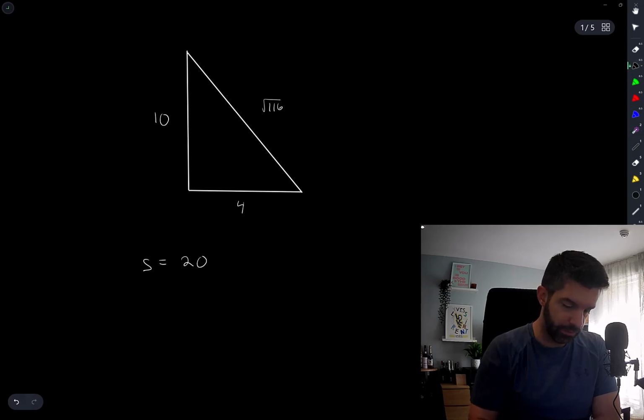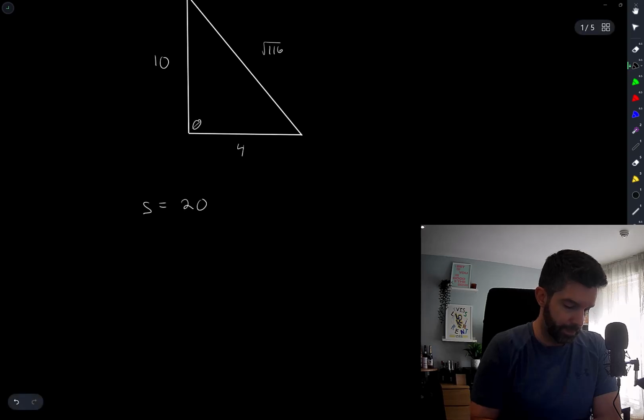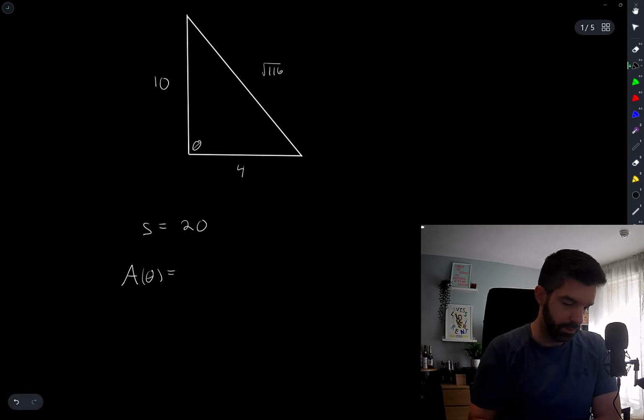If I call this theta, then the area as a function of theta is, is it 20 sine theta?